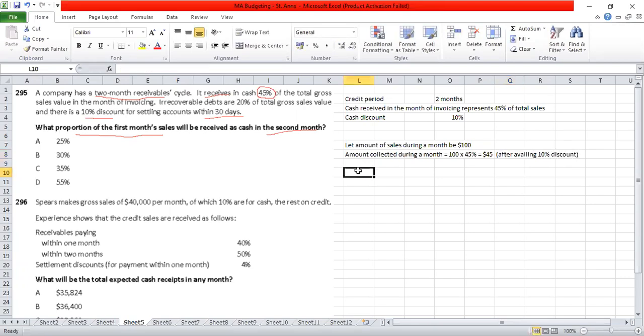Now, the amount collected during a month is equal to $45 after availing a discount of 10%. But if the discount availed is 10%, what is the value before the discount? So if this is after availing a discount of 10%, what is the value before discount? The amount before discount.